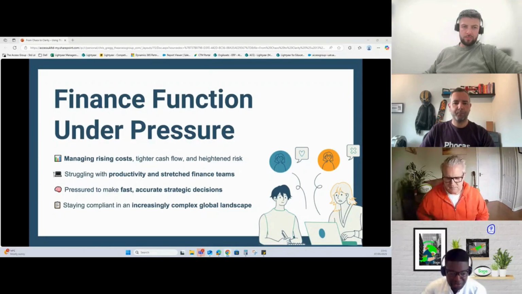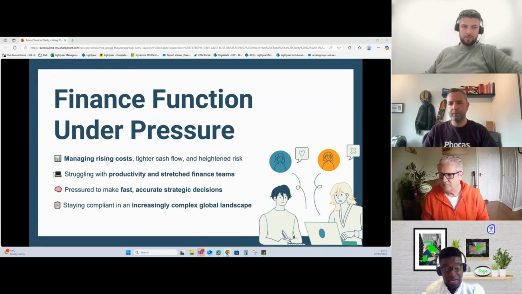Now, Sage Intacct in particular supports this, and indeed thousands of organizations operating across over 120 countries by providing them the flexibility to support their growth.